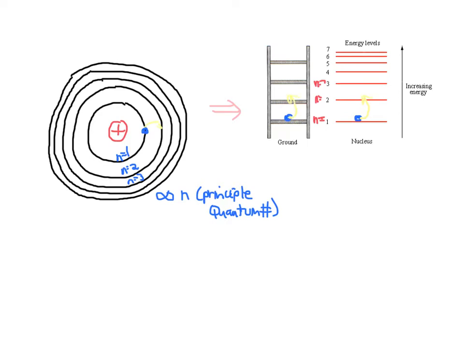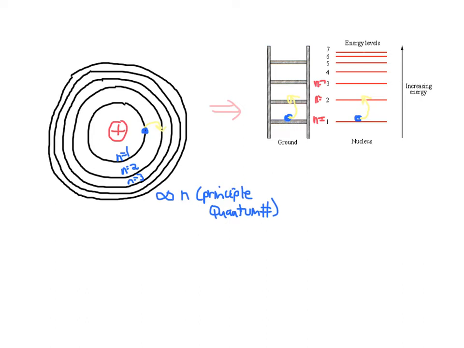And we'll talk about what that means here in a second. But the point is that if energy levels are like the rungs of a ladder, just like you can't step between rungs, electrons can't exist between energy levels. They have to exist in an energy level. They can't exist between energy levels.